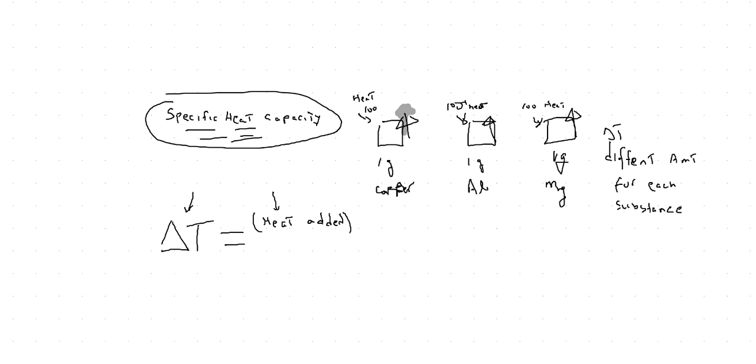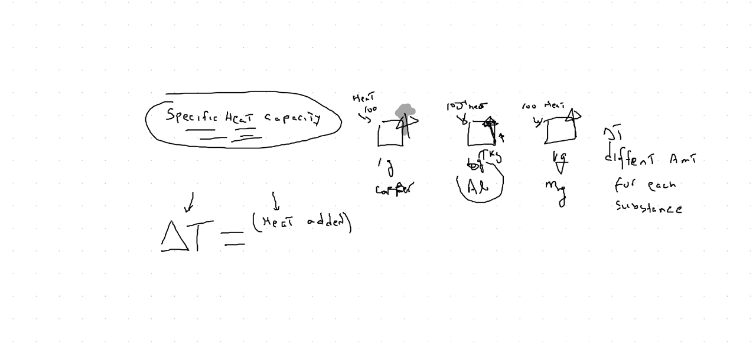Now, suppose I added 100 units of heat to this piece of aluminum. We know the temperature will go up. But instead of 1 gram, suppose we made this 1 kilogram. Again, the temperature is going to go up, but not by the same amount. It's going to go up a lot less, because I have more mass.